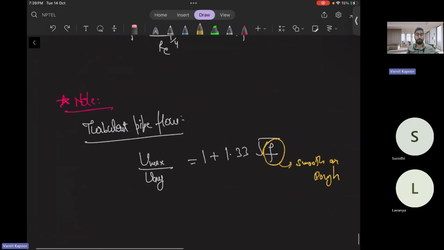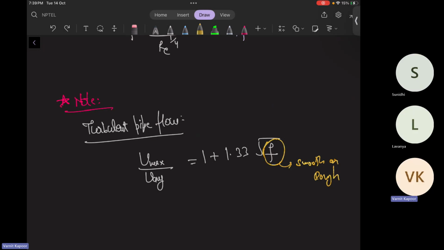Now let's come to write down the minor losses as well. Minor losses.